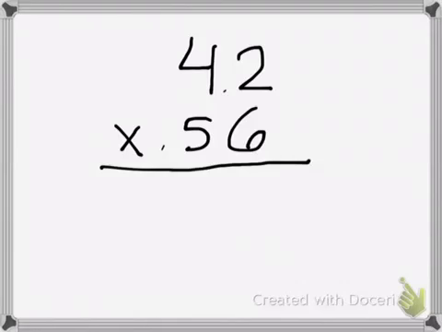So for example, in the first factor, the digit 2 is behind the decimal point. In the second factor, there are 2 digits behind the decimal point. The 5 and the 6 are both behind that decimal point. So in total, there are 3 digits behind both the decimal points.